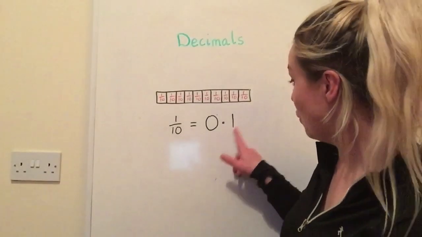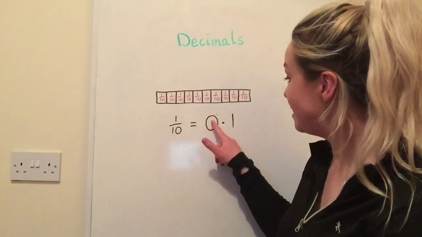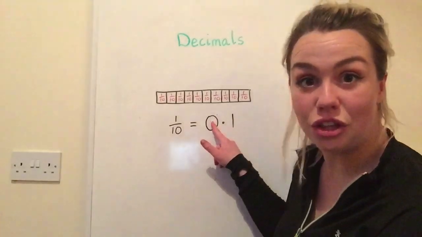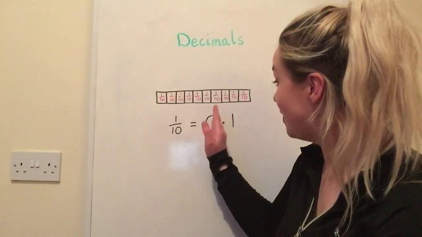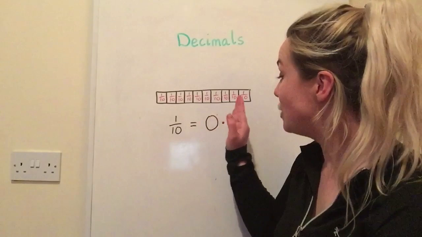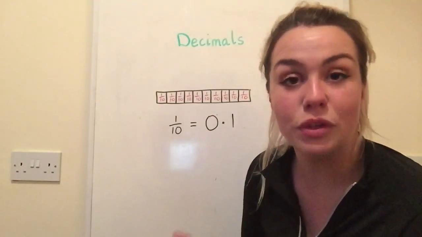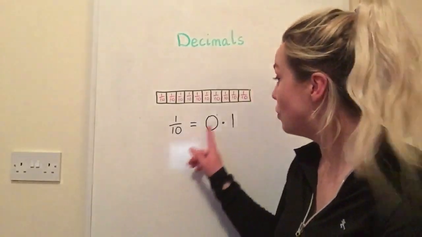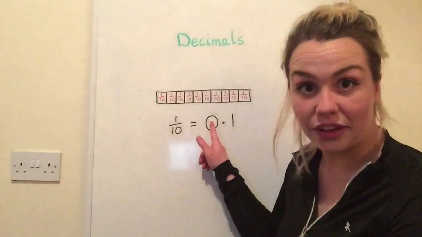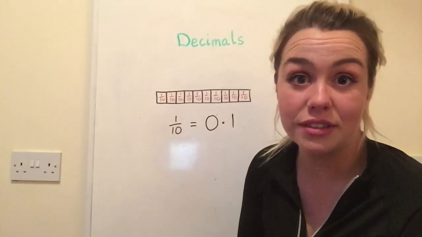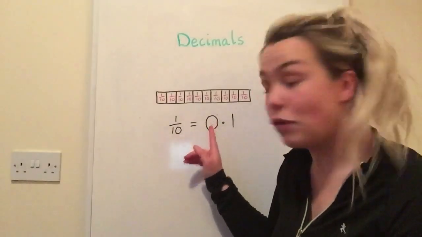So 0.1, this means the 0 means the units. So the units are on this side. And when we have fractions, we only have a fraction of the number, don't we? We don't have whole numbers. So these are the whole numbers on this side. And when we have fractions, we might not have whole numbers.